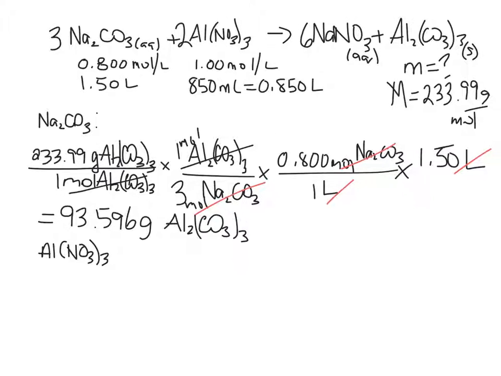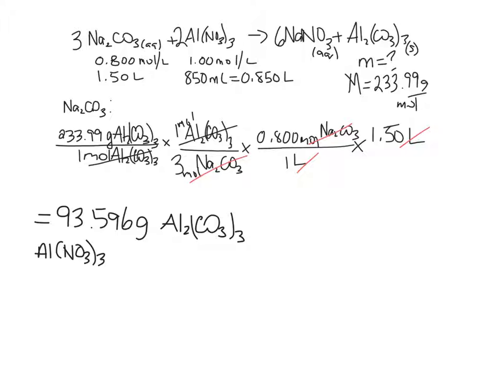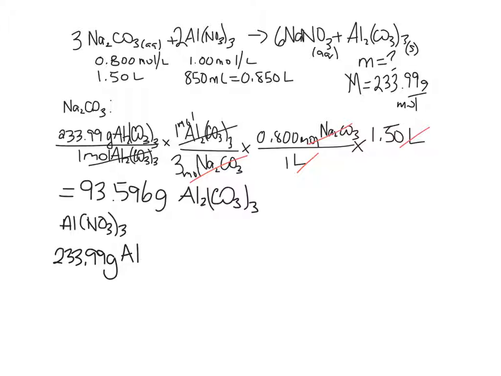Let's just move this up a bit. Okay, so again, we are trying to figure out the mass of aluminum carbonate. So we're going to start in the same place, 233.99 grams of aluminum carbonate for every 1 mole of aluminum carbonate.